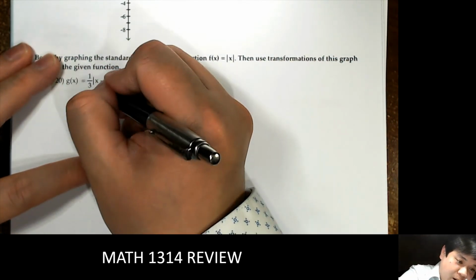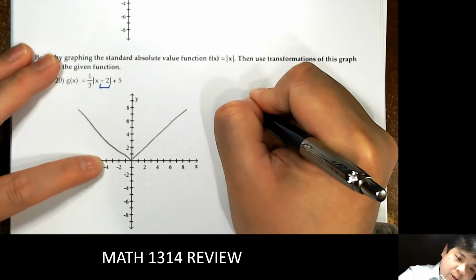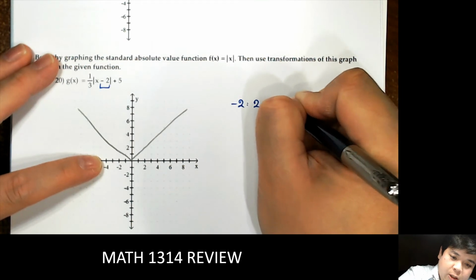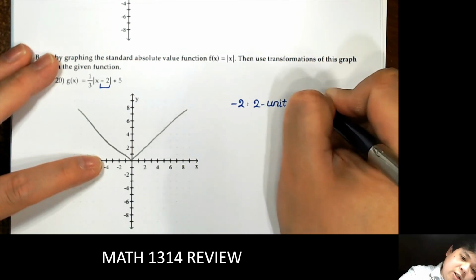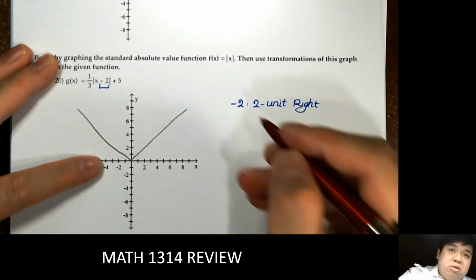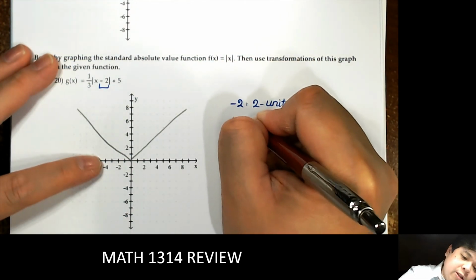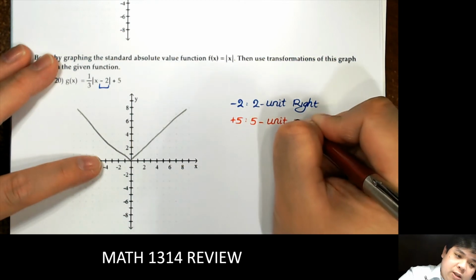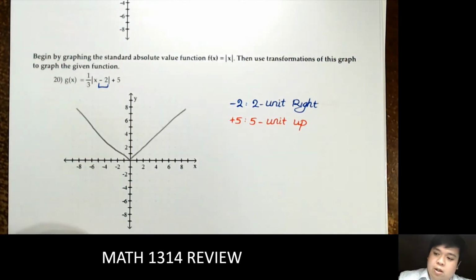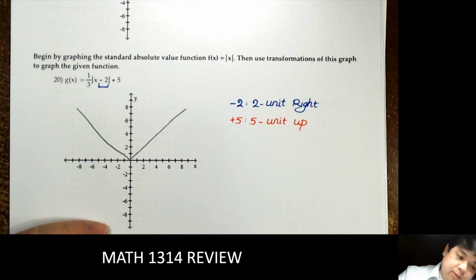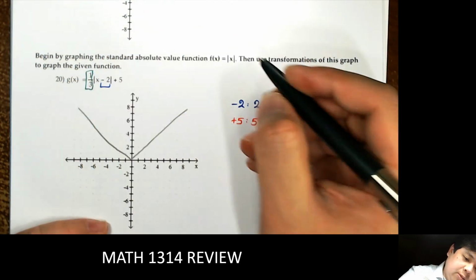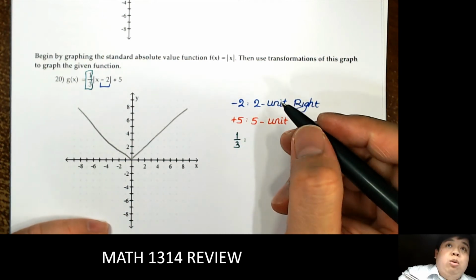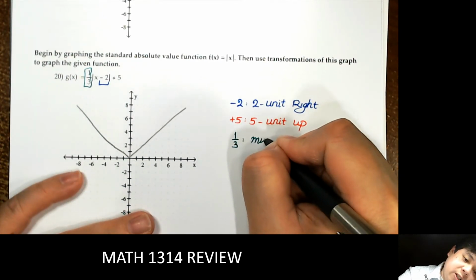So we have the -2, which is 2 units to the right, plus 5 units up, and 1/3. We'll multiply the y values by 3.